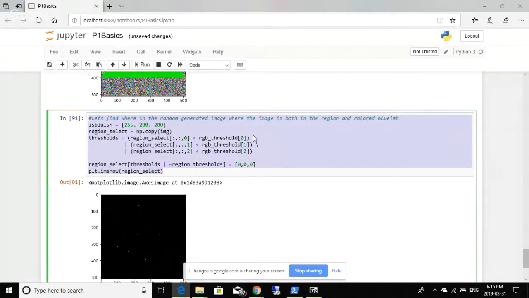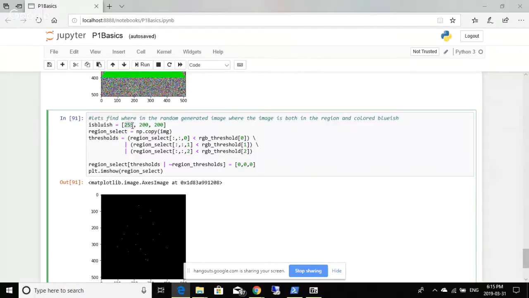I added an additional filter called bluish. Essentially saying whether something is blue. Well, actually, no, I changed this around. So you can see this is saying it's very red, very red and pretty green and somewhat reasonably blue.